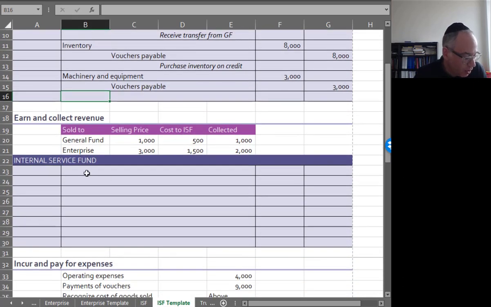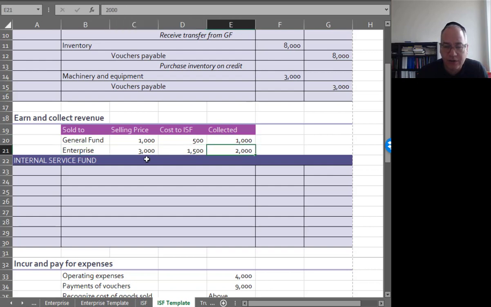Now we're going to do a little bit of work. We're going to sell some stuff to the general fund for $1,000. For some reason, it cost us $500 and we collected $1,000. We're going to sell $3,000 to the enterprise fund.